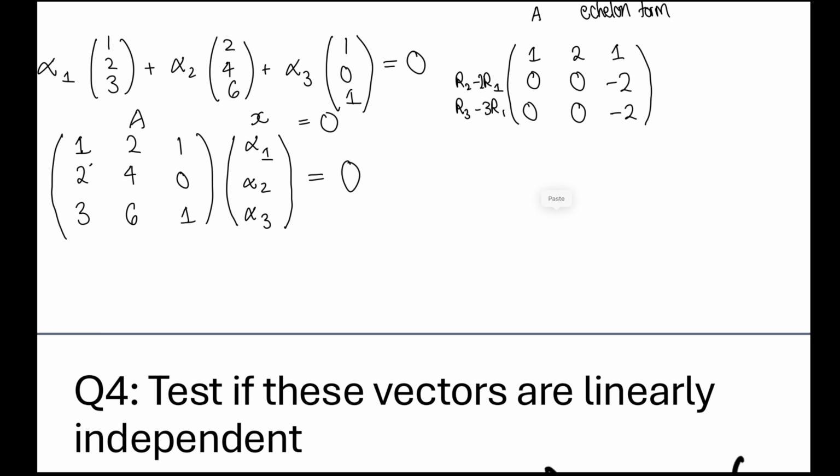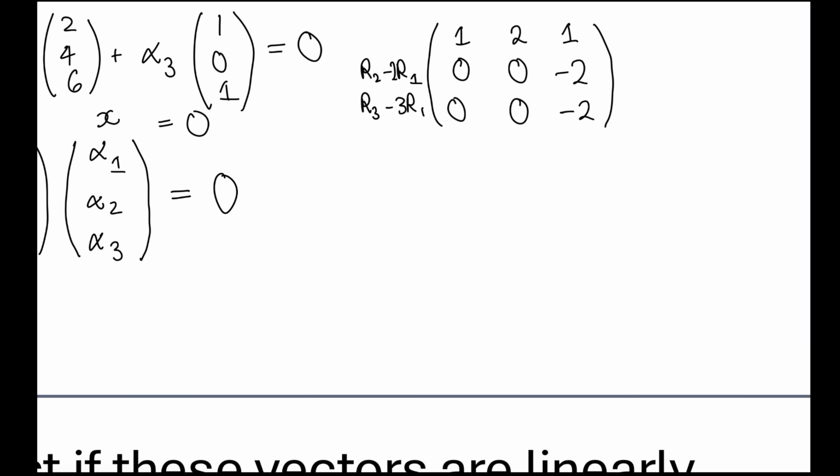So now we have this matrix, and we ignore this first row, and we look at the next row, and the first entry in this next row which is non-zero is minus 2. So this minus 2 we need to turn into a 1. In order to do that, we do minus a half multiplied by row 2, so we get 1, 2, 1, 0, 0, 1, 0, 0, minus 2.